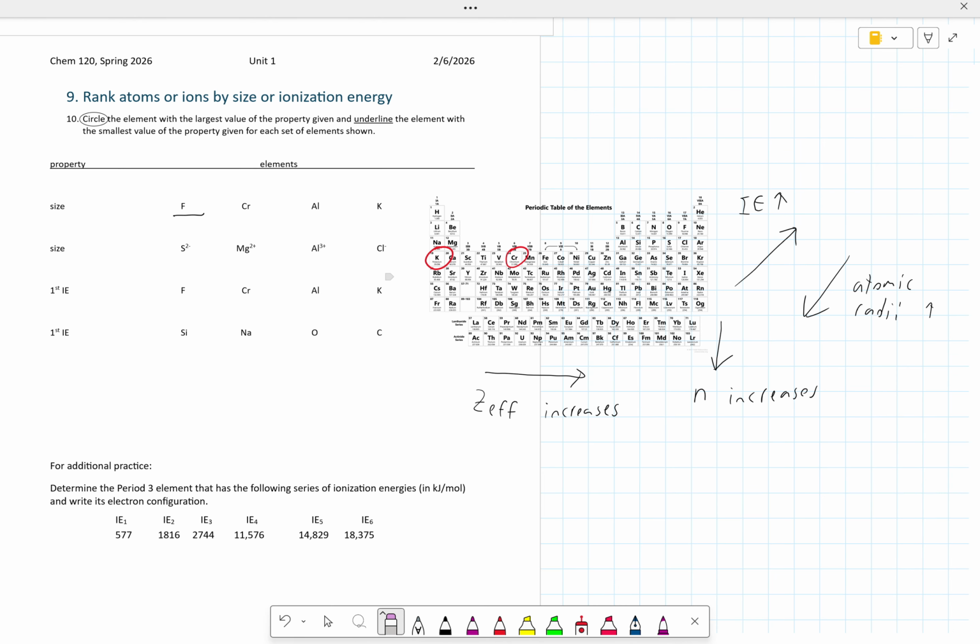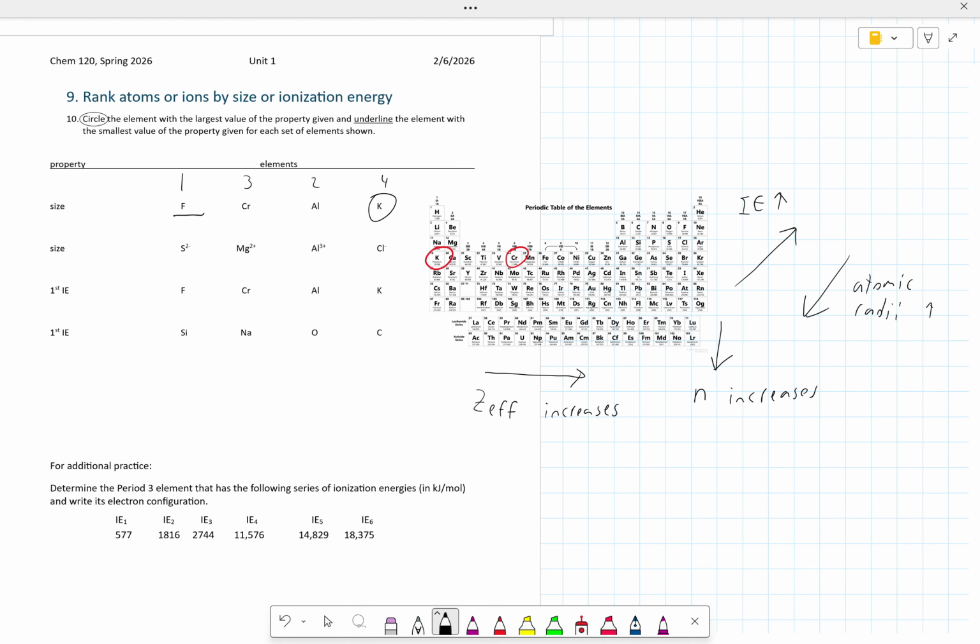That means that chromium's electrons are held closer, and potassium would be my largest. So I would circle that one to be the largest. If I'm doing sort of from 1 to 4, smallest to largest, I would rank them in that way.